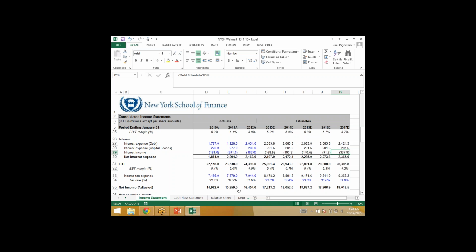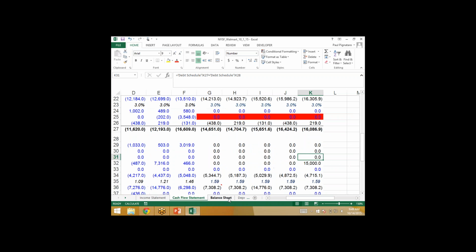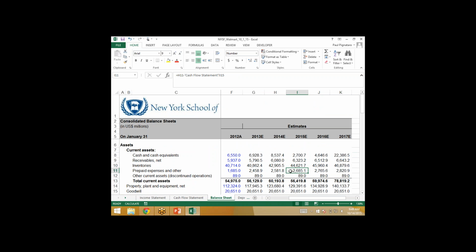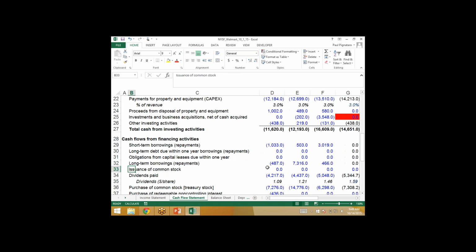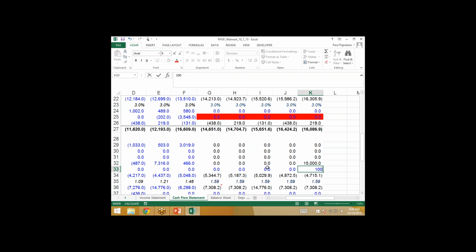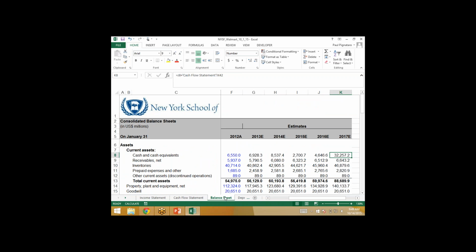Okay. Now we want to raise the equity. So what happens when we raise equity? When we raise equity, stock is going to increase by $10 billion. Cash will increase by another $10 billion. And we should see more shares. So in the cash flow statement, we can do this in the issuance of common stock. We'll put in 10 billion. And when you do that, we talked about that we hard code it there.